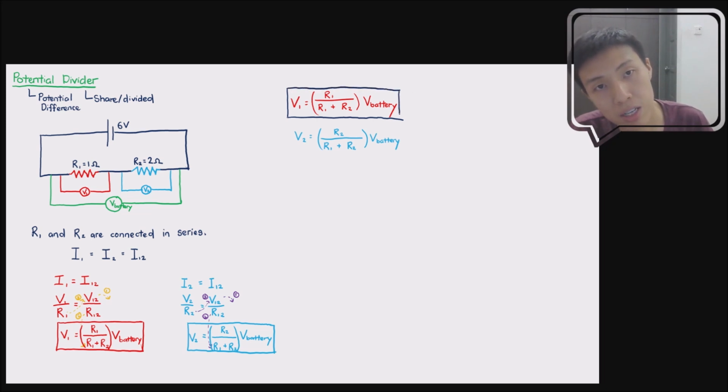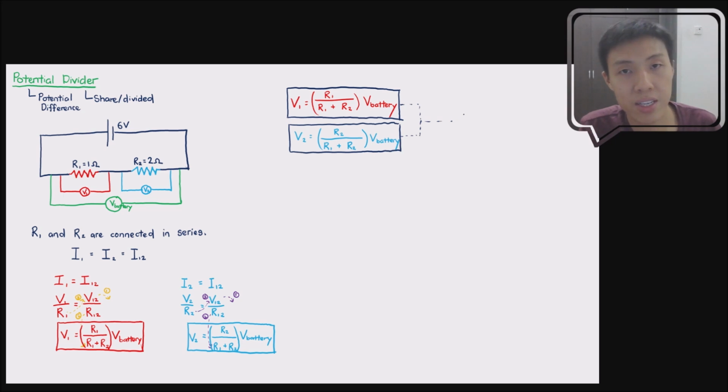If you generalize these two equations, the equation that we will get is, if you want to find the voltage across resistor X, it is equal to the resistance of X divided by the total resistance, multiplied by the voltage input.